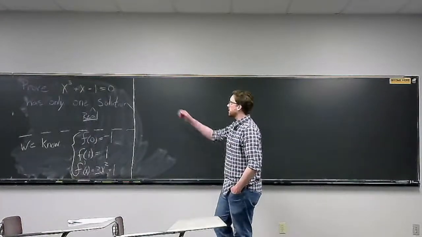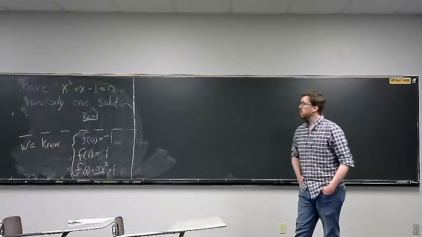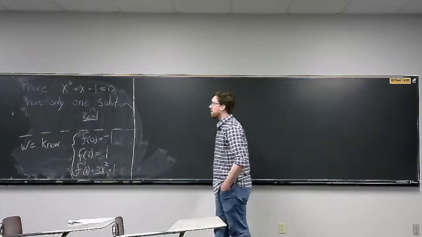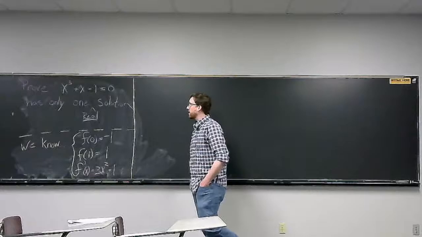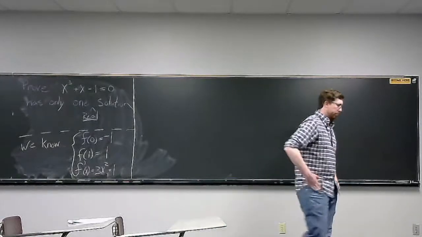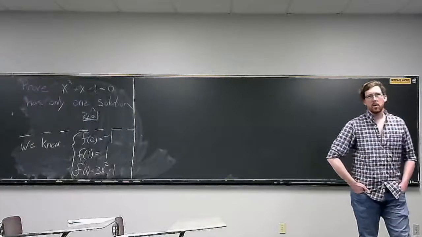All right, so let's consider this example here. We want to prove that x cubed plus x minus 1 equal to 0 has only one solution. How are we going to do that?